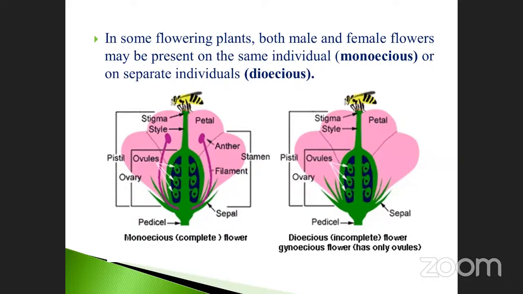Anther connected with the filament is collectively called stamen. And the last one is the female reproductive part, composed of three things: stigma, style, and ovary. Here it's given stigma, style, and it comes under the heading known as dioecious. This is one ovules.